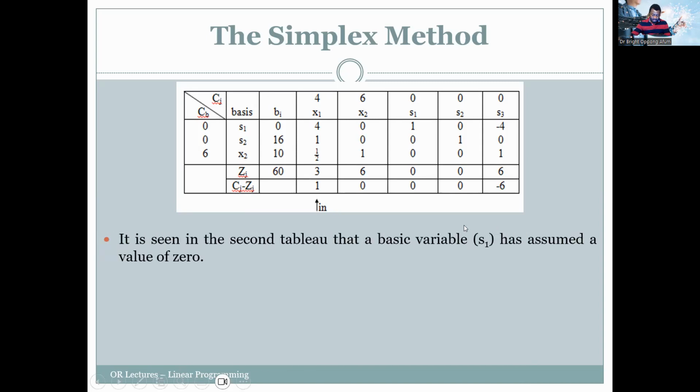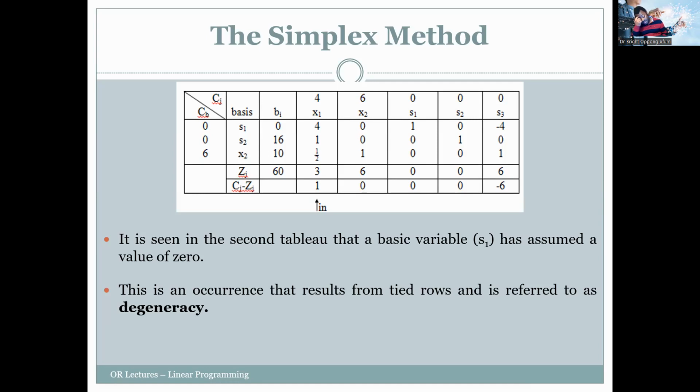It is seen in the second tableau that the basic variable S1 has assumed a value of 0. What's the meaning of this? This is an occurrence that results from tied rows and is referred to as degeneracy.